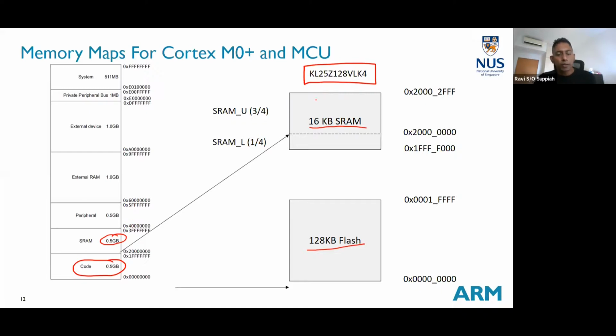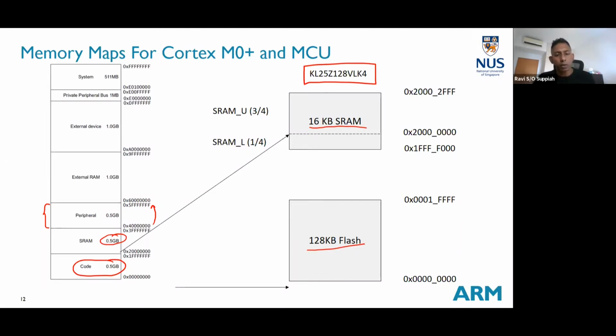Peripherals like your GPIOs, timers, and so on are already mapped to this space over here, 0x4000 to 0x5FFF. This is the entire space set aside for all your peripheral systems, things like your GPIOs, timers, ADCs, and so on.